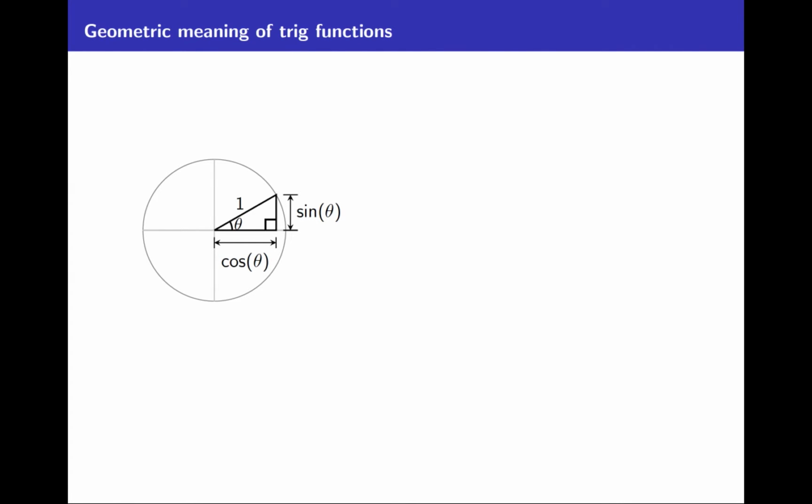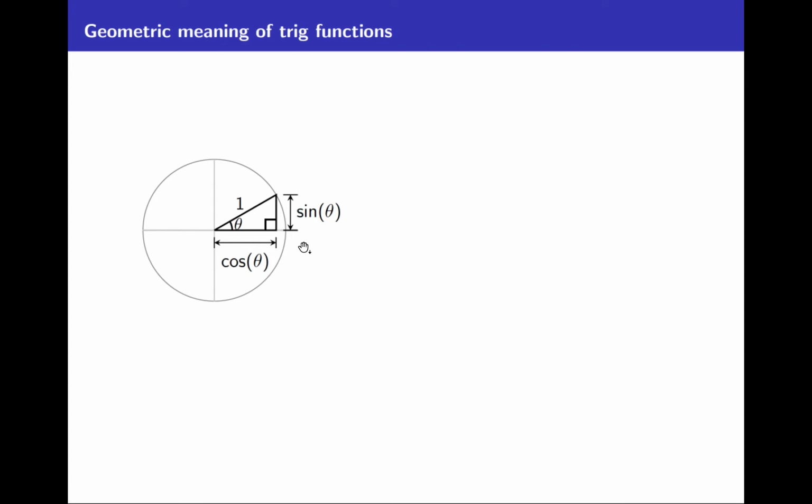Let's talk more about the geometric meaning of trig functions, and on this slide I'm going to give you 3 basic pictures that really sharpen the geometric meaning of the 6 trig functions. First of all, here's the familiar picture of sine and cosine on the unit circle, and I'm going to underscore the fact that sine and cosine are really functions of radian measure theta.